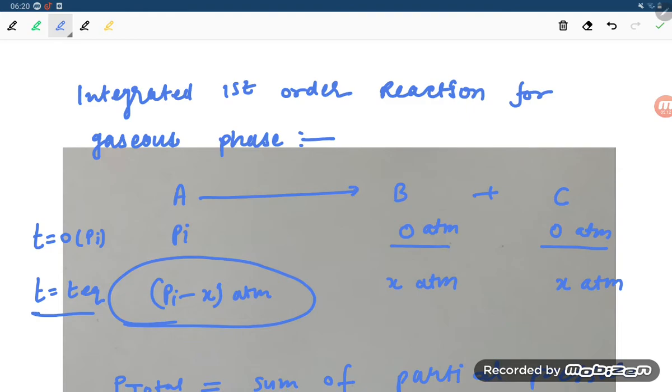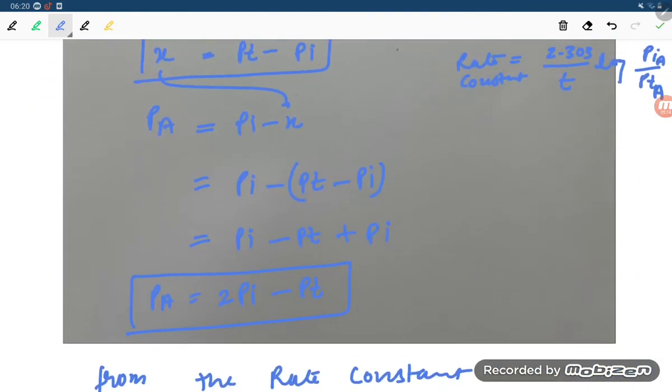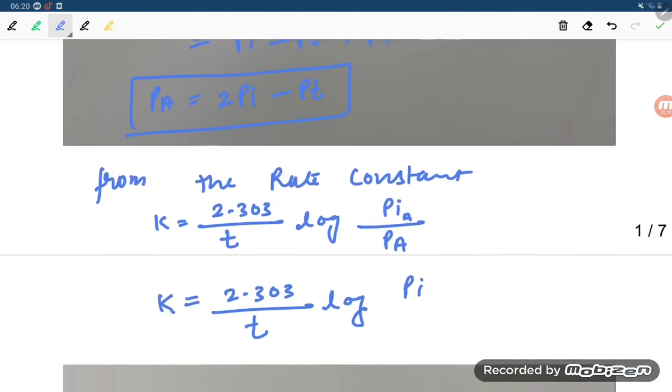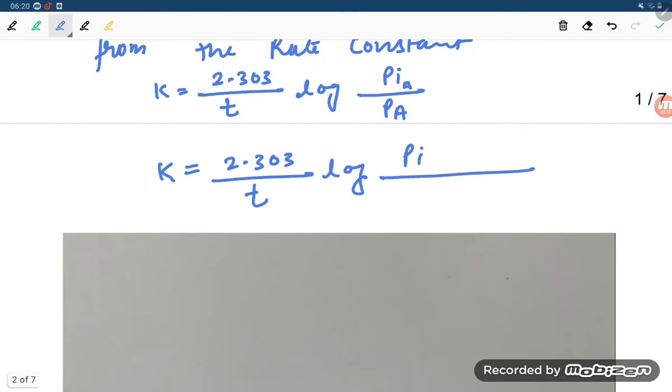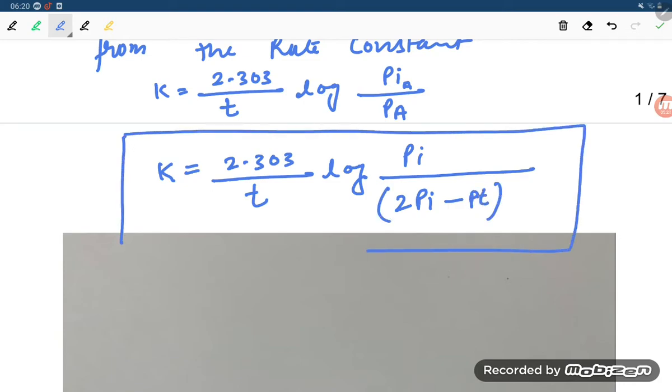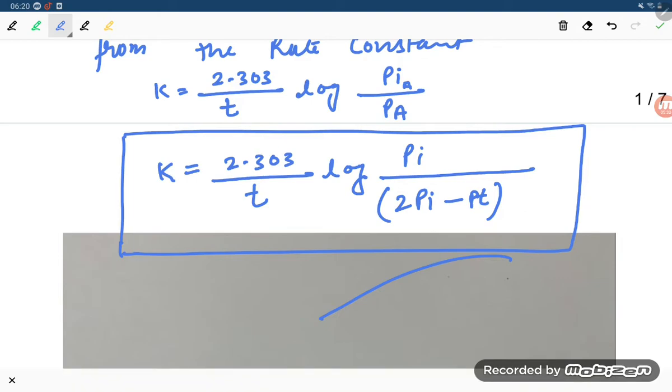Initially we have taken Pi, and the final pressure we calculated is 2Pi minus Pt. This is our integrated equation for the gaseous phase.